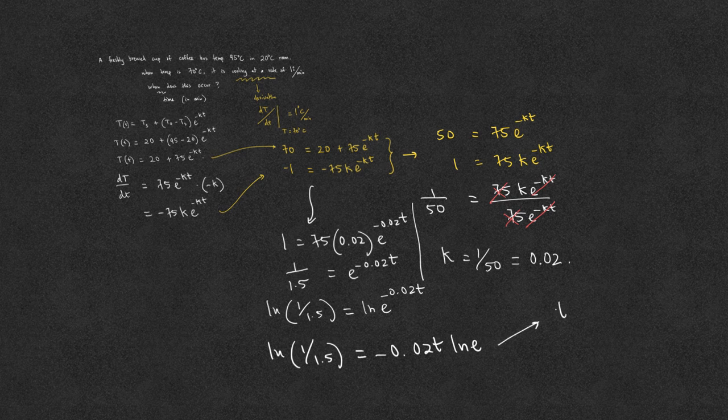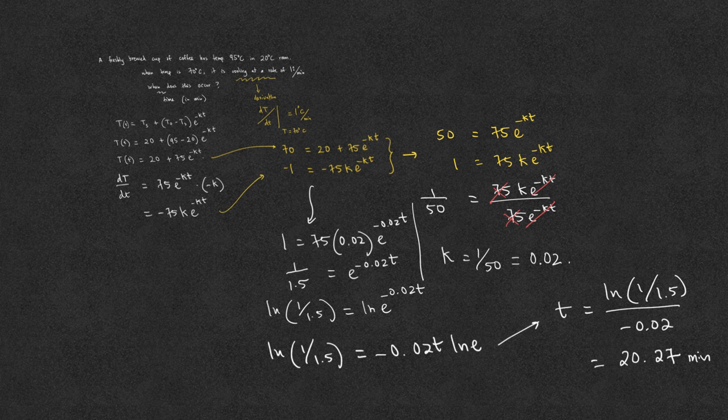And so t equals ln of 1 over 1.5 divided by negative 0.02, and this will give 20.27. And so after about 20 minutes, the temperature will reach 70 degrees Celsius, and the coffee is cooling at the rate of 1 degree per minute.